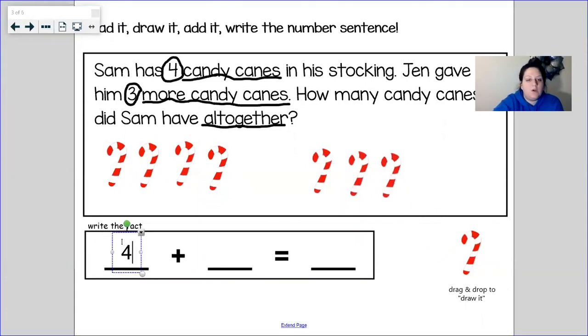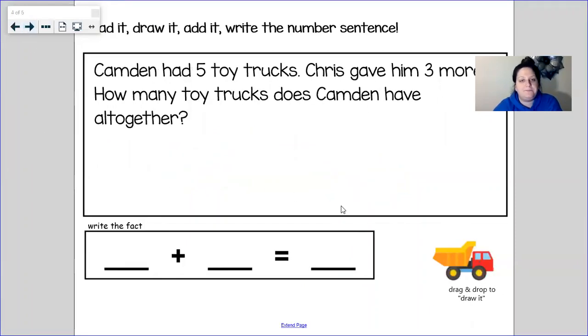We started with 4 candy canes. And then we had 3 more candy canes. And then we need to know how many it is all together. So let's count how many it is all together. 1, 2, 3, 4, 5, 6, 7. Awesome. So 4 plus 3 equals 7. All right, and this is our last problem.